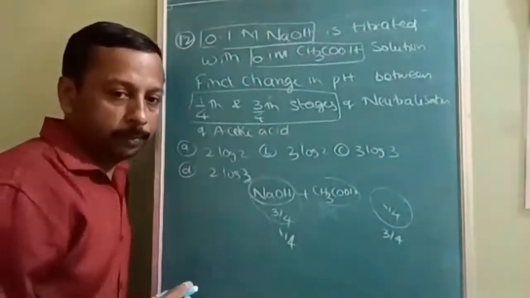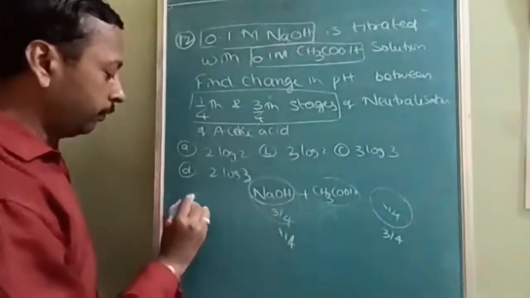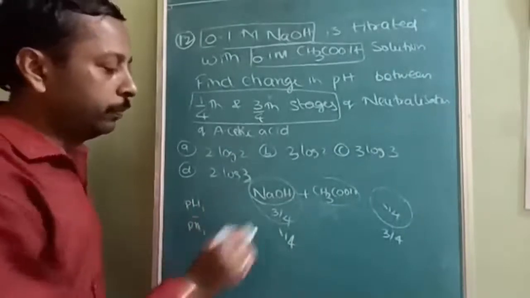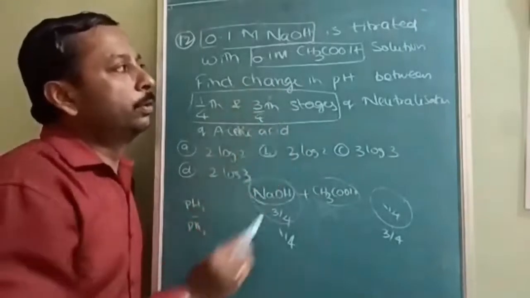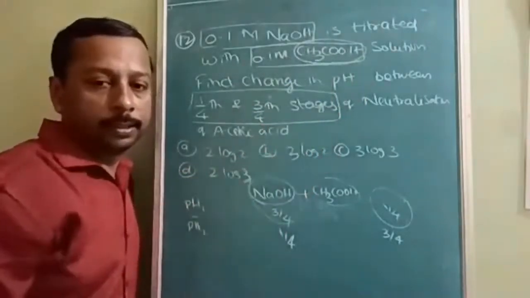So there will be how many equations? Two equations. So pH1 and pH2. If you are subtracting pH1 minus pH2, pKa is not required because in both conditions the weak acid is the same.